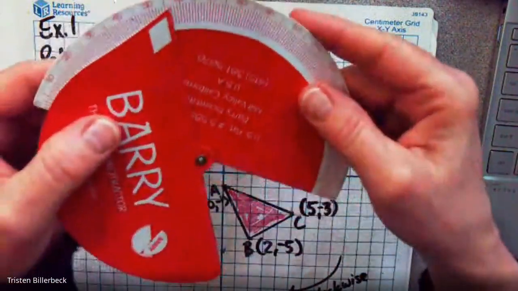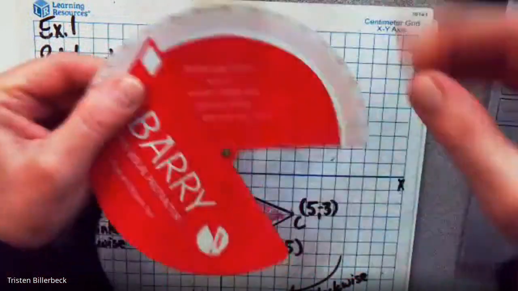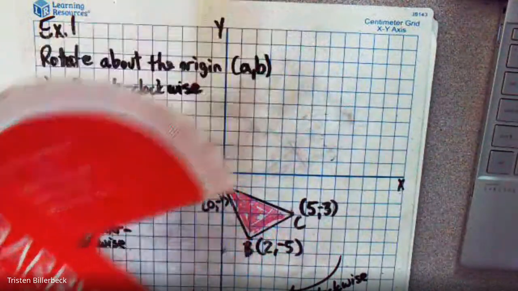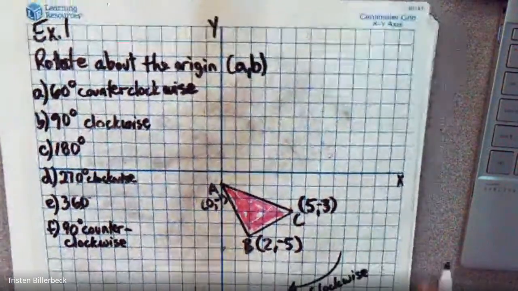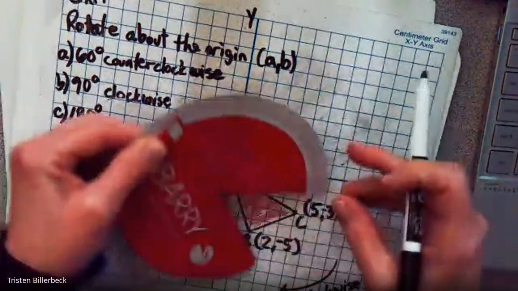We want to set this up to 60 degrees right here. This is a very special protractor where it has measurements here, so I can easily move something 60 degrees. If I'm going counterclockwise and this is clockwise, I'm going to rotate the figure this way.